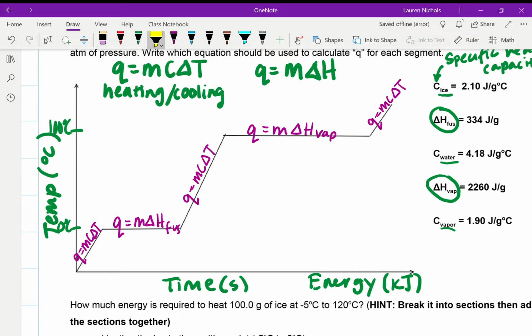The one thing you want to remember is that for your Q equals MCΔT, your C is different for ice, water, and vapor. You can actually calculate how much energy it would take to take water all the way from -5 degrees Celsius to 120 degrees Celsius, or really whatever temperature you wanted, using these values.